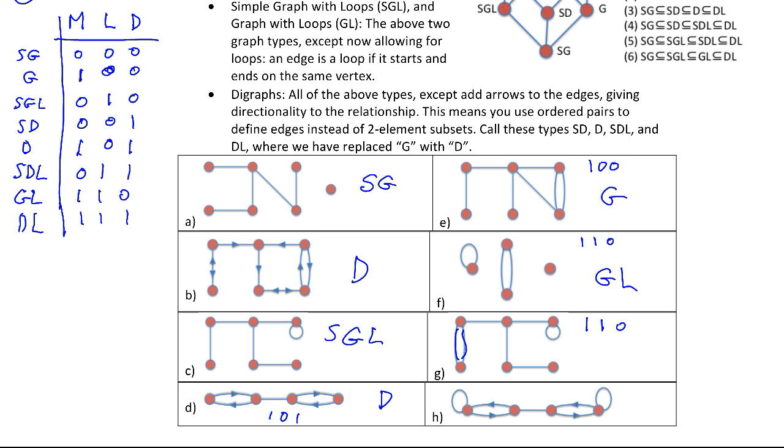No. It's another graph with loops. Finally, H has everything. It has multiple links between nodes, it has directional links, and it has loops. So this is a digraph with loops. Okay, so I hope that's straightforward and kind of fun to do. Hope that helps.